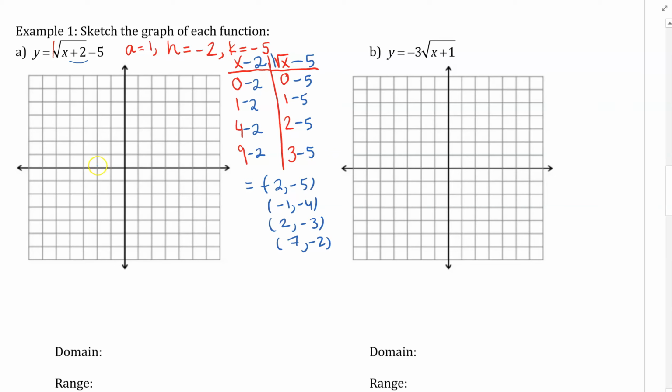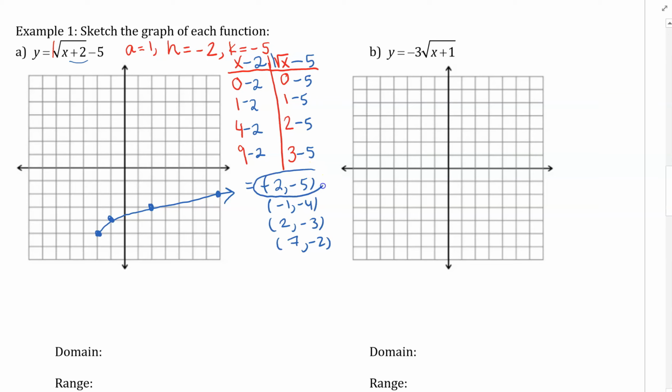And so these are the points that I will plot. So negative 2, negative 5, negative 1, negative 4, 2, negative 3, and 7, negative 2. So there's my eyebrow, right? It doesn't go all the way around to make a sideways parabola, but it's just sort of like the top half, and it just starts right there at negative 2, negative 5.